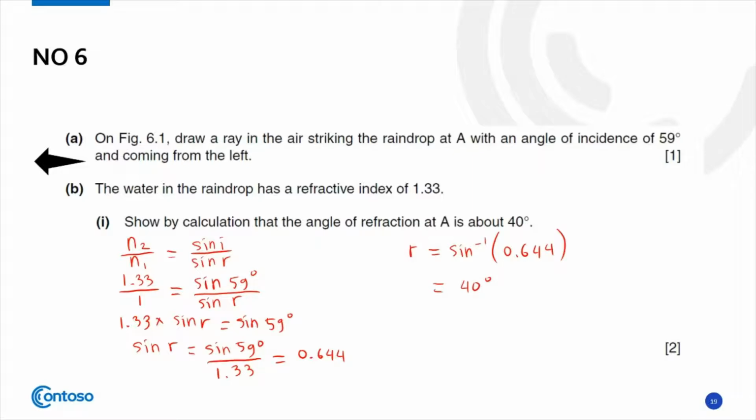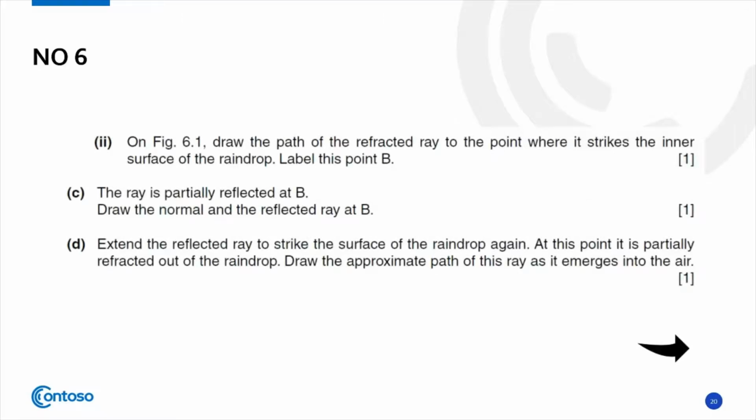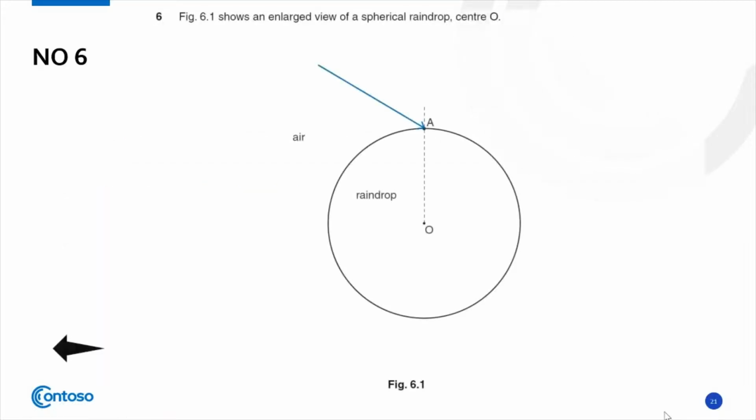Number 6b, double I. On figure 6.1, draw the path of the refracted ray to the point where it strikes the inner surface of the raindrop. Label this point B. Let's go back to figure 6.1. Measure the angle of 40 degrees from this side of the normal to the right.